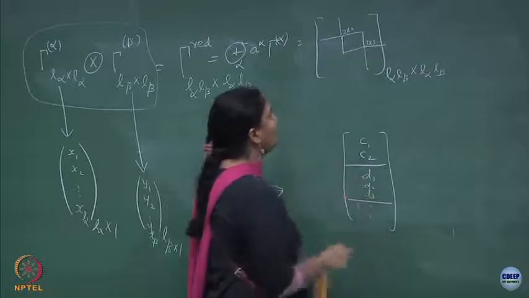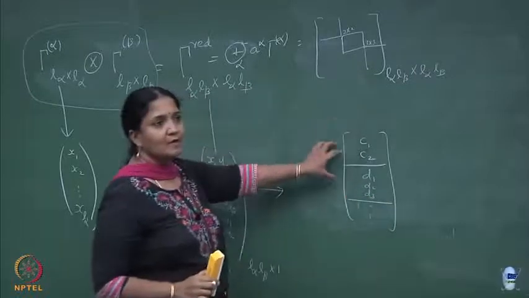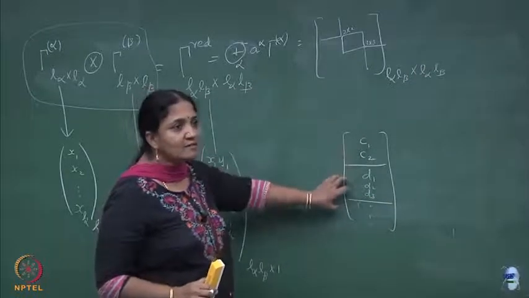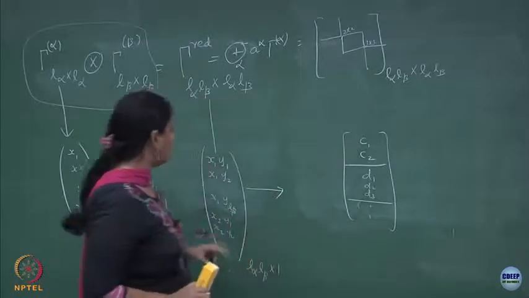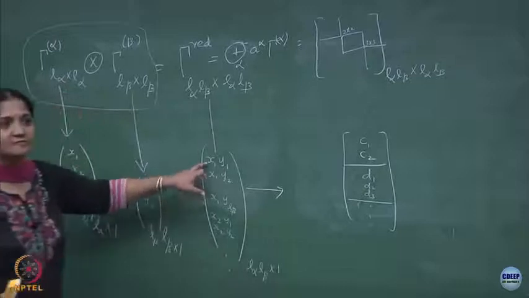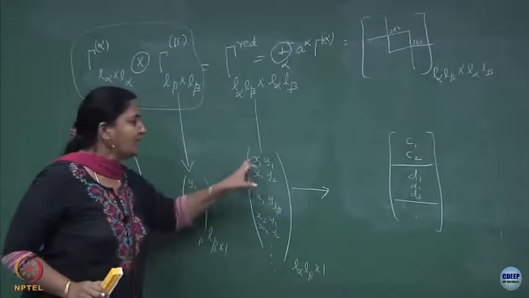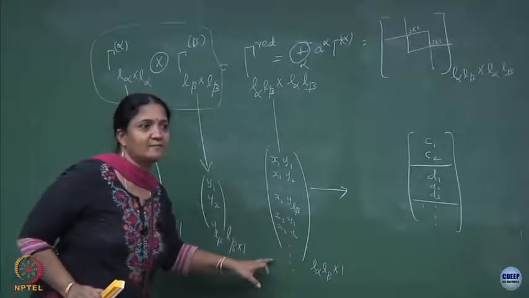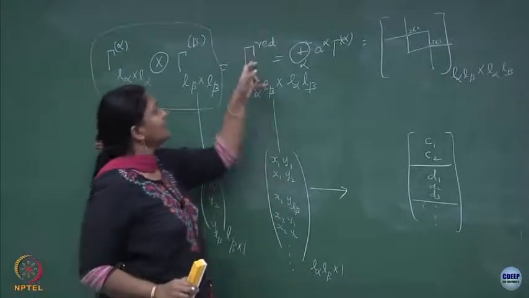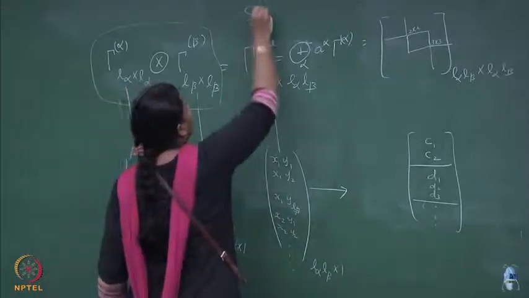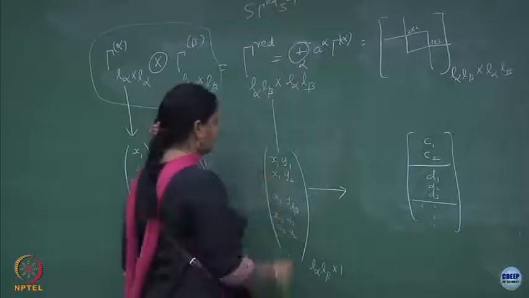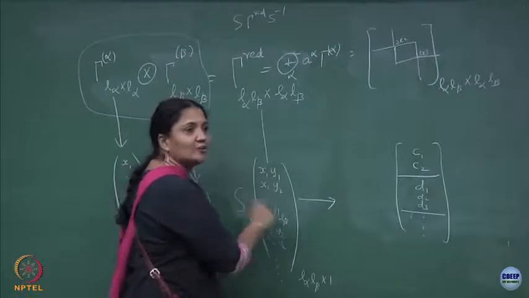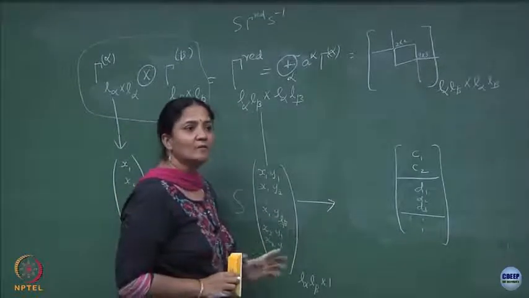So, you break it up into pieces, but what will C1 be? C1 will involve the S matrix acting on this, because the diagonalization is done by S. So, when S acts on this, what will it do?